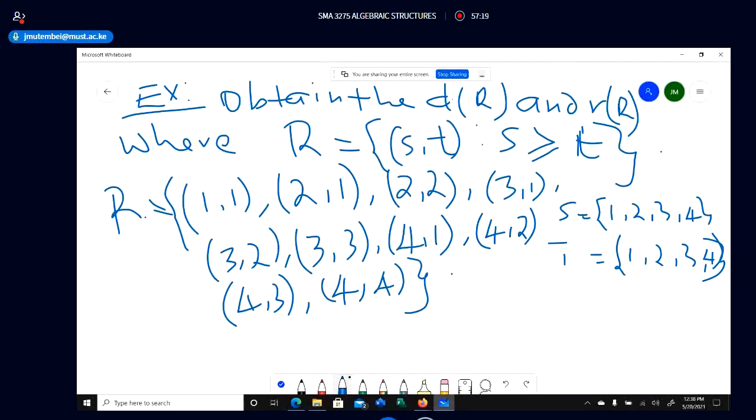Listing them: (1, 1), (2, 1), (2, 2). (2, 3) will not be there because 2 is not greater than 3, and neither will (2, 4). Then (3, 1) is okay, (3, 2) is okay, (3, 3) obeys equality, (3, 4) will not belong there. (4, 1) yes, (4, 2) yes, (4, 3) yes, (4, 4) obeys the equality. So those are the members we have in R. And now from this, the domain of R is the set of all first elements, so we have {1, 2, 3, 4}.